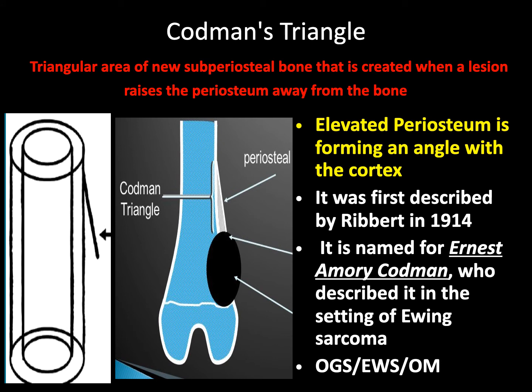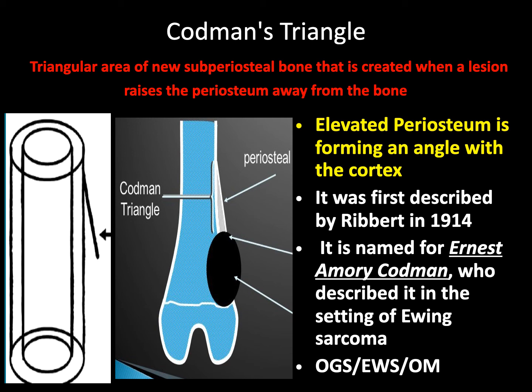Codman's triangle is named after Ernest Amory Codman, and it was classically described for Ewing sarcoma, and first described by Ribot in 1914. A triangle should ideally have three borders, but Codman's triangle is a misnomer. It has only two borders.